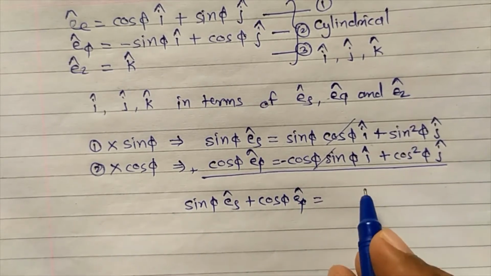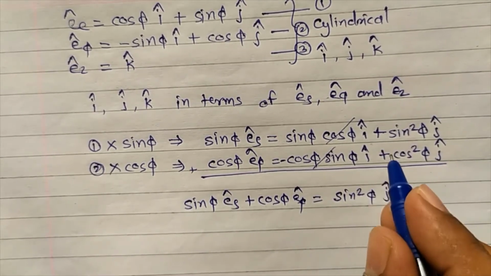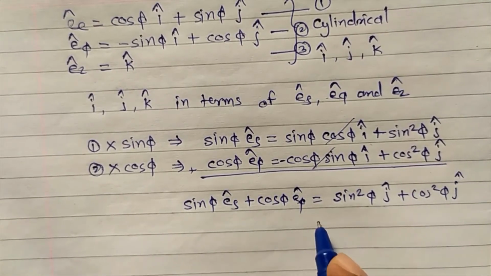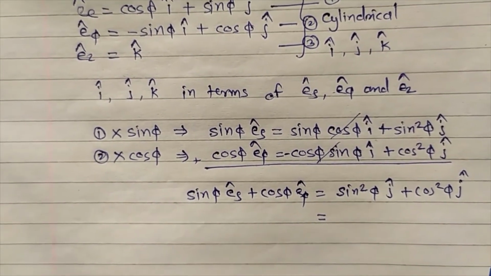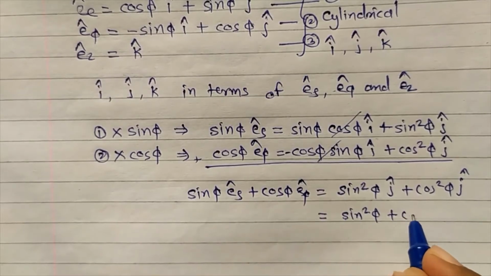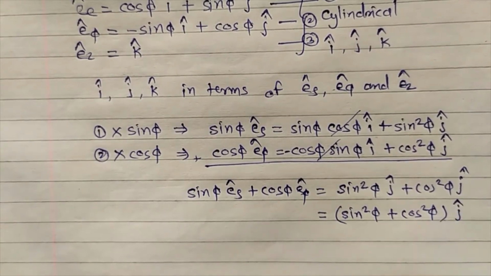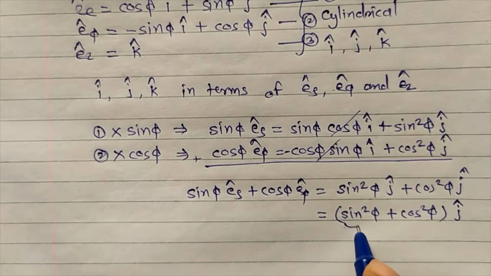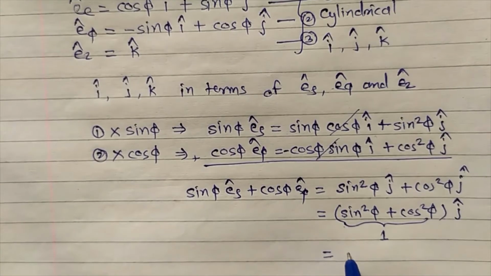And if I add, this becomes sin square phi j cap plus cos square phi j cap. Taking j cap common, we get sin square phi plus cos square phi, which is equal to 1. That is the identity, right? So this will be j cap.